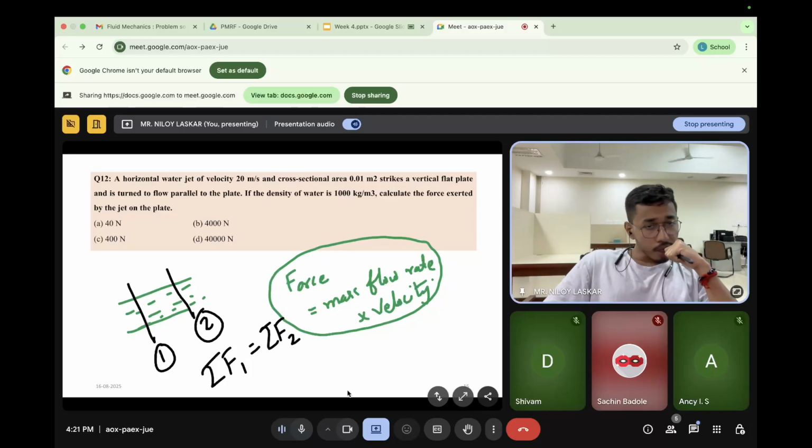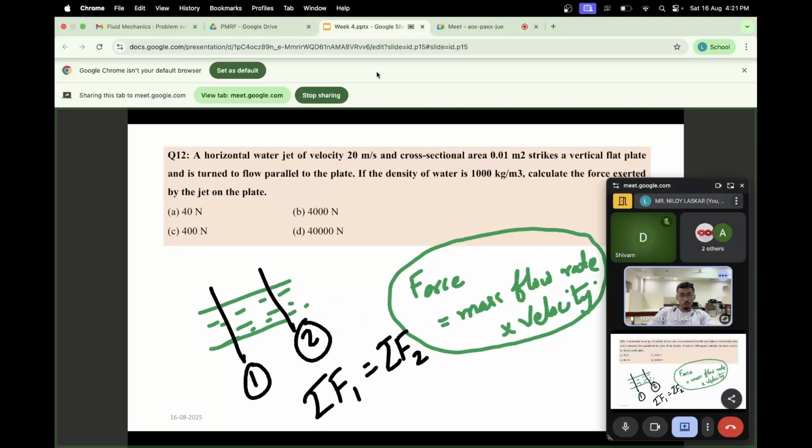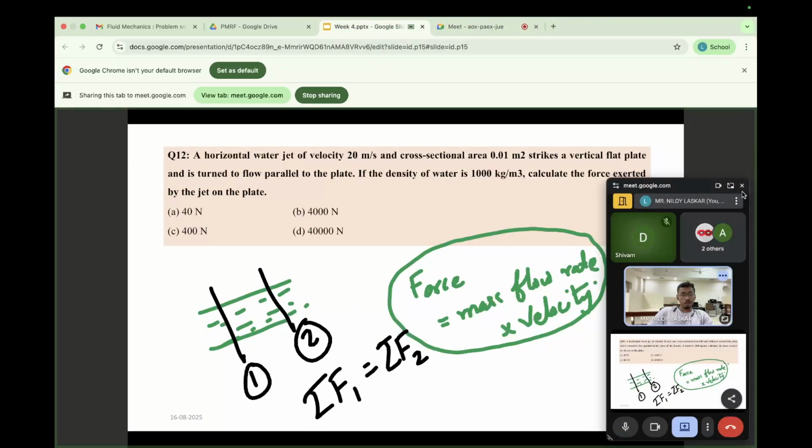You will try, and in the meantime, I will solve this question for all of you. So let's see whether option B is correct or not.